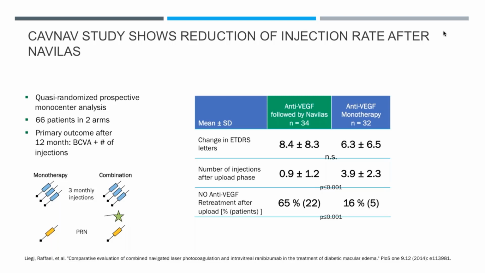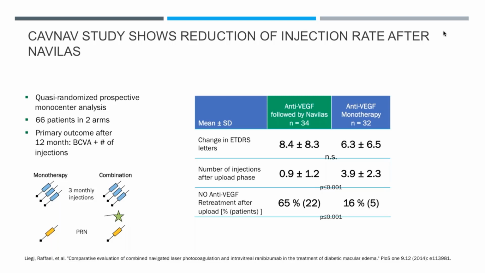The results show that the number of injections following the loading dose has decreased in the navigated arm, and the retreatment rate also decreased, and some of the eyes that received navigated laser did not need any more rescue injections.